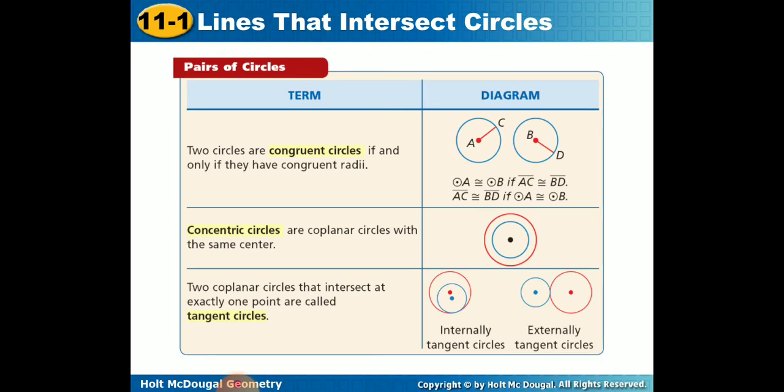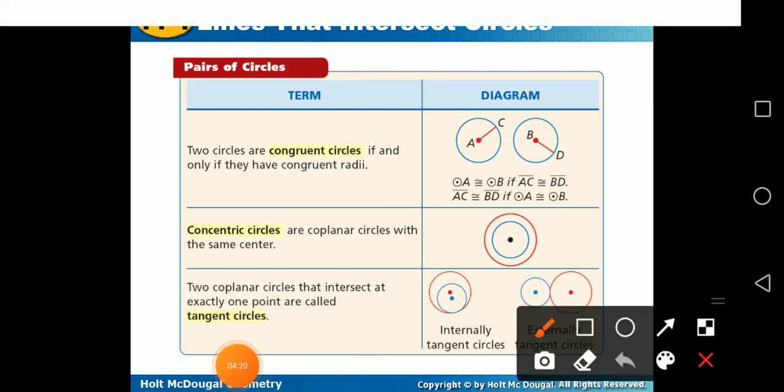Then we have other terms that are very important. Remember, my dear students, we have congruent circles. Congruent means that they are the same. So two circles are congruent when they have the same or congruent radii.